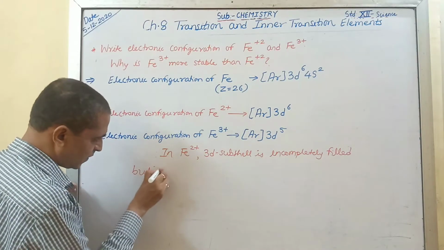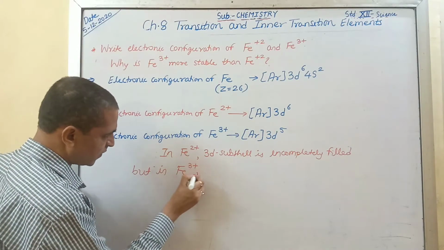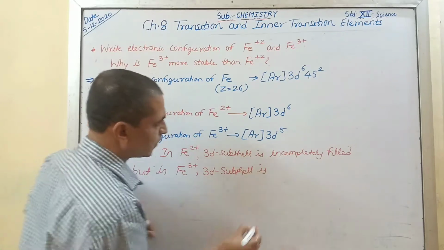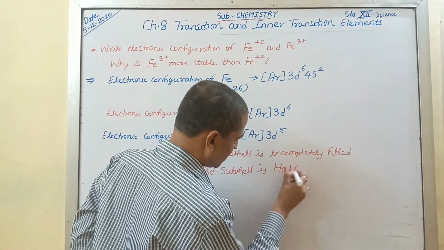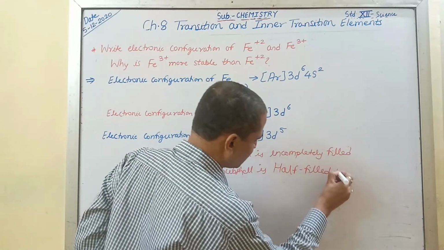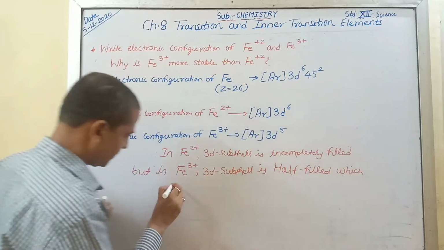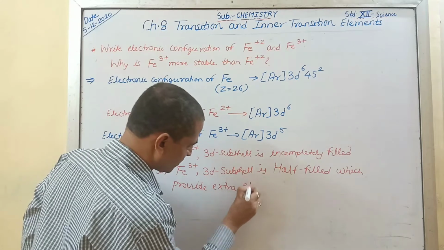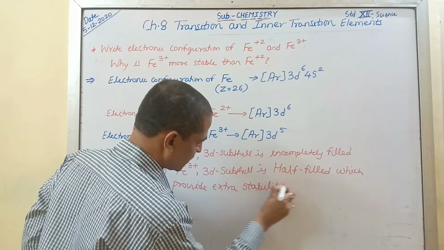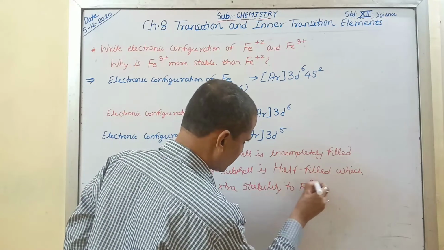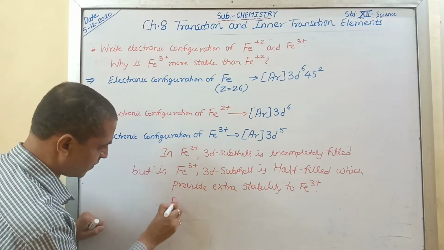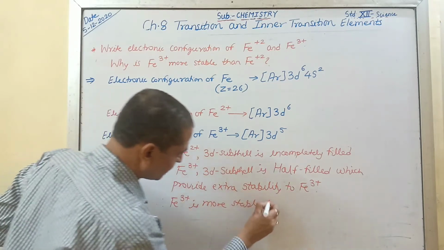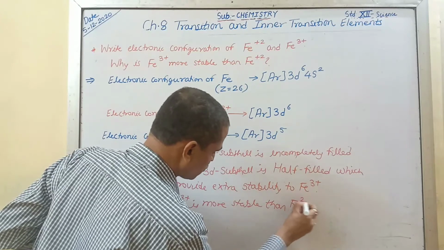But in Fe3+ the 3d subshell is half filled, which provides extra stability to Fe3+, and therefore Fe3+ is more stable than Fe2+.